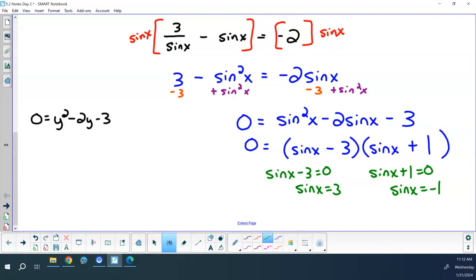And now I can look at the unit circle. Anywhere on the unit circle is sine equal to 3? No, that doesn't happen at all. Sine's got to be in between -1 and +1. Okay? Where on the unit circle is sine equal to -1? 3 pi over 2.